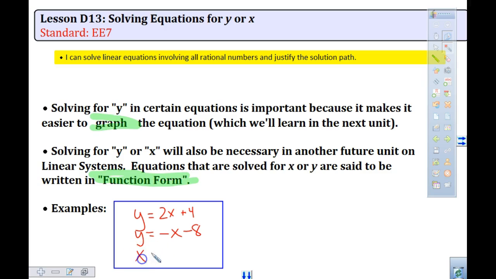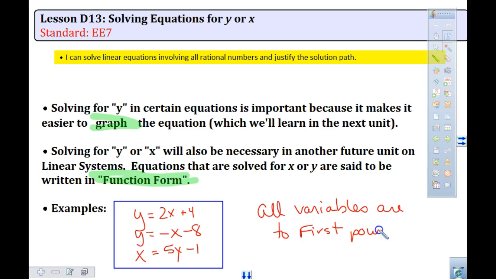You could have x equals 5y minus 1. What you want to notice in all of these equations is that all of our variables are to the first power.